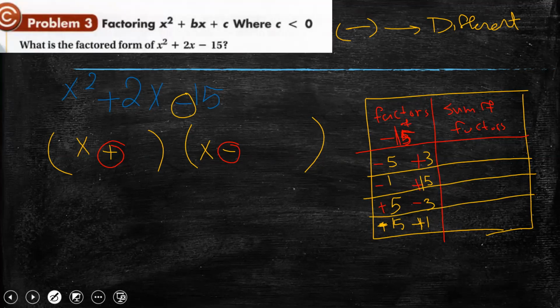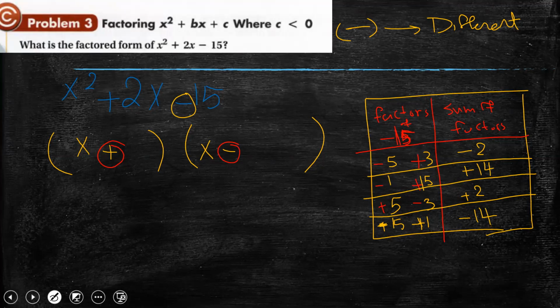Negative 5 and positive 3 is negative 2. Negative 1 plus 15 equals positive 14. Positive 5 minus 3 is positive 2. Negative 15 plus 1 is negative 14.